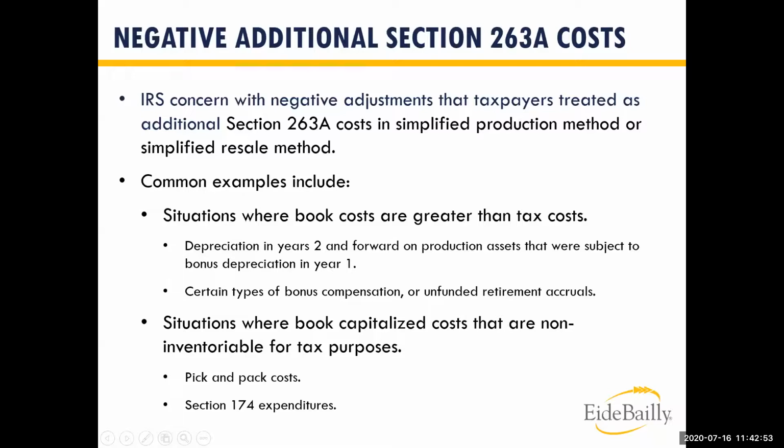Another common one is with respect to the treatment of pick and pack costs that might have been capitalized for book that aren't required to be capitalized for tax purposes. Maybe the manufacturer has a forklift operator and he's responsible for raw materials as they are being received.